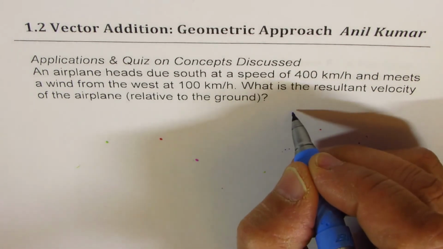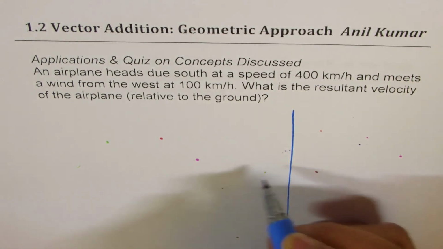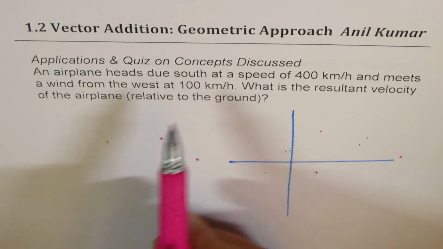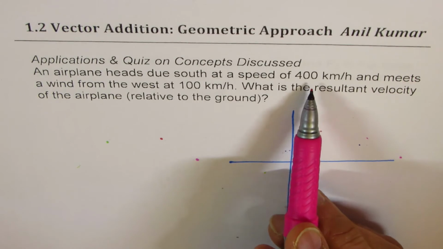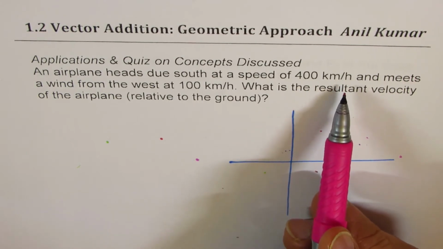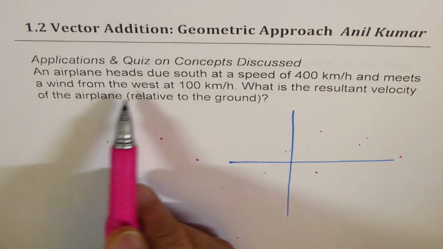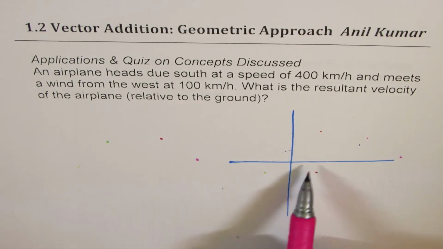Now, whenever you're working on such questions, it is good to sketch on a coordinate plane. We are given an airplane heading south at a speed of 400 kilometers per hour. And this wind is from west, that means from this direction.